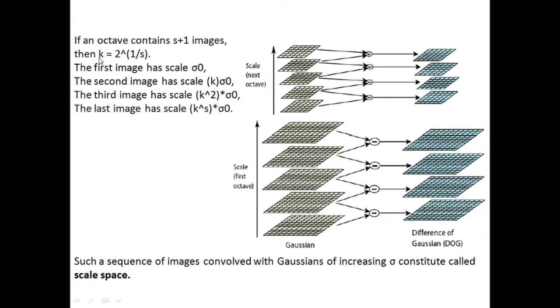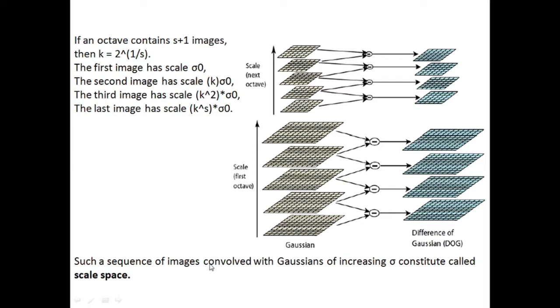Then can I write k equal to 2 power 1 by s? Let me explain. The first image has scale sigma naught, the second image has scale k sigma naught, then k power 2 sigma naught, k power 3 sigma naught, up to k power s sigma naught, as this is my last image. Based on this, k equals 2 power 1 by s. This is how it happens.